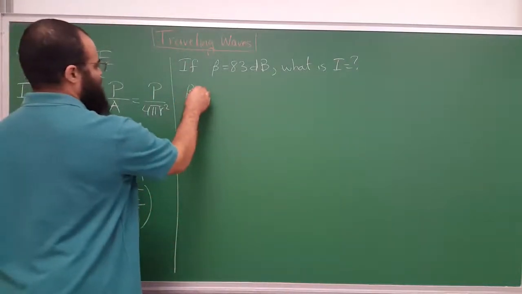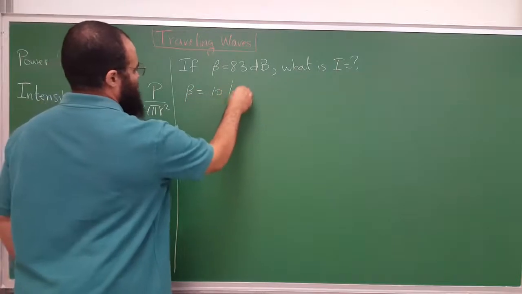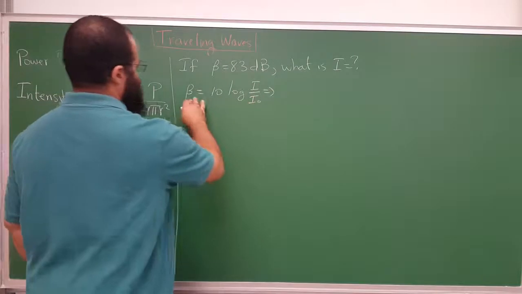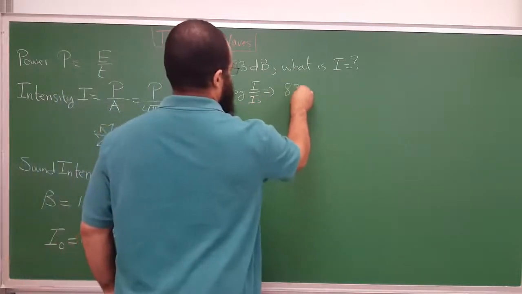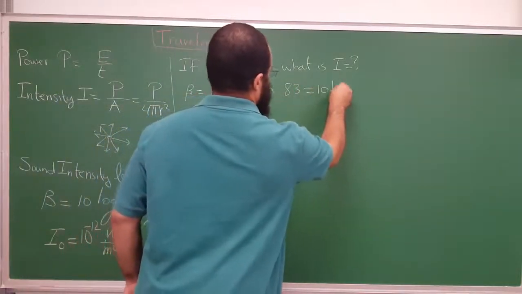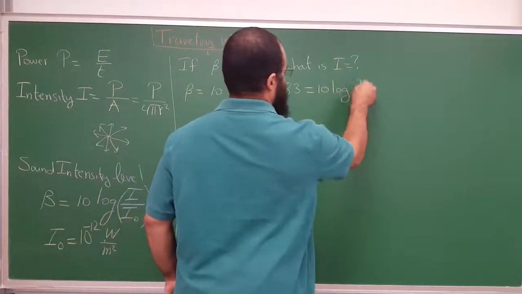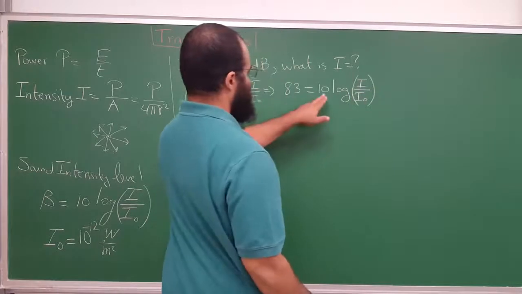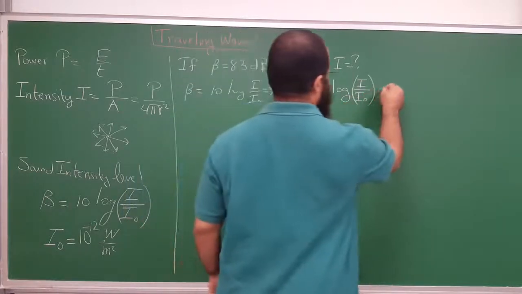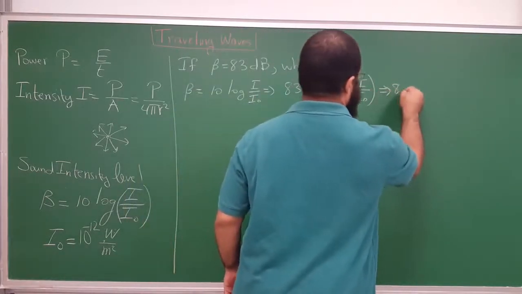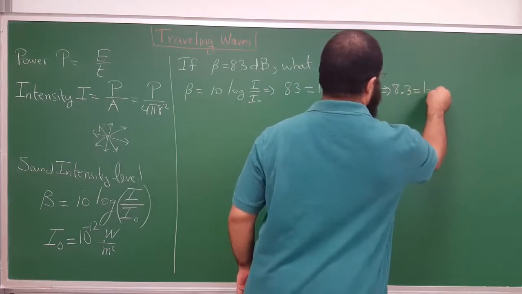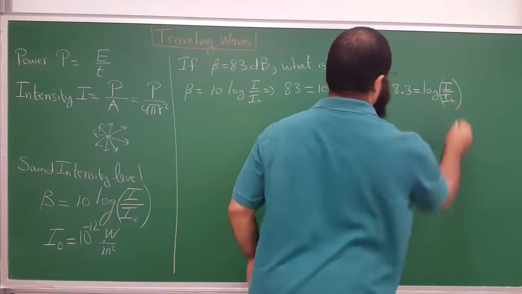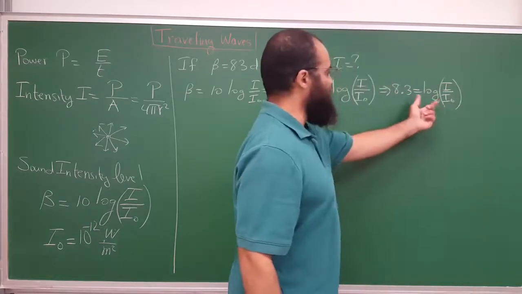Beta is 10 log I over I0, so the left side is 83 equals 10 log I over I0. You divide both sides by 10, so you get 8.3 is equal to log I over I0. To be able to access what's inside the log, you need to get rid of the log.